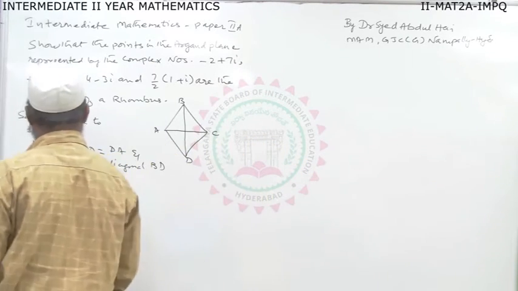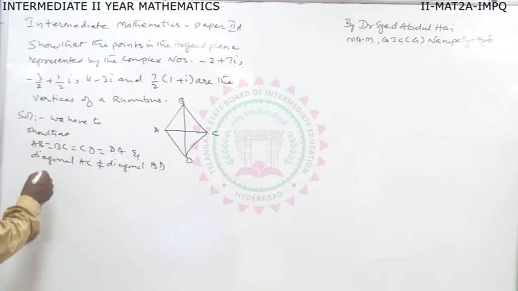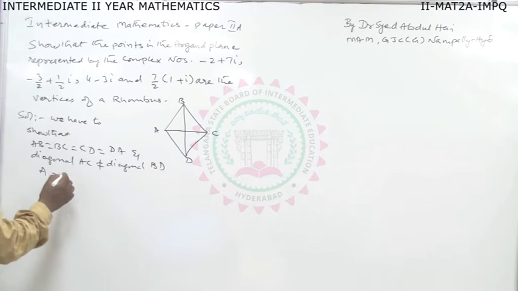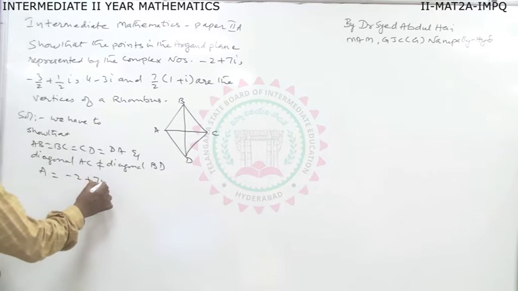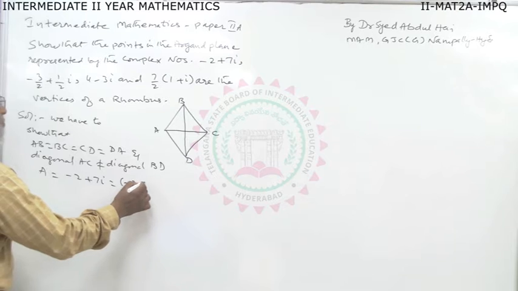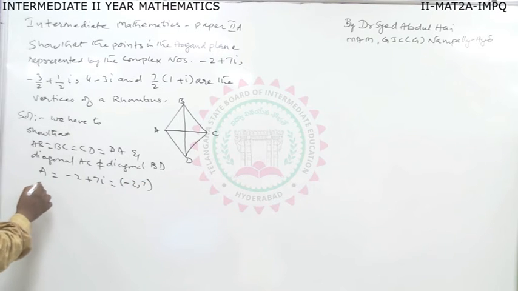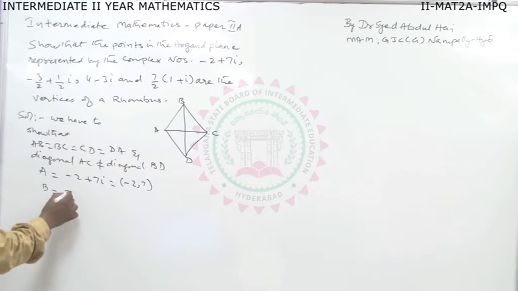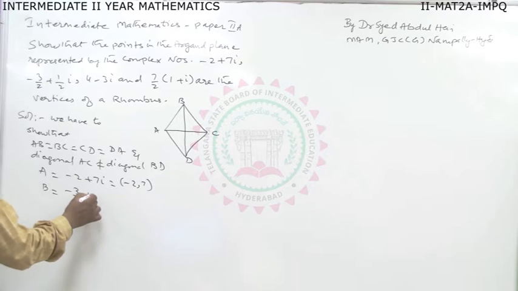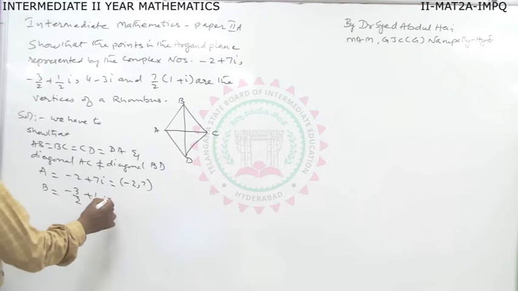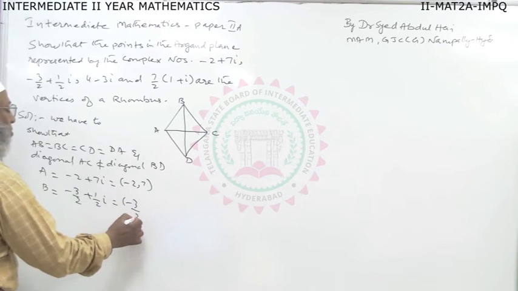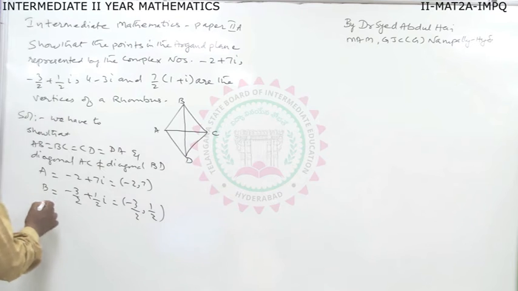Now I am writing the points in the normal form. A is equal to minus 2 plus 7i is equal to minus 2 comma 7. B is equal to minus 3 by 2 plus 1 by 2i is equal to minus 3 by 2 comma 1 by 2.